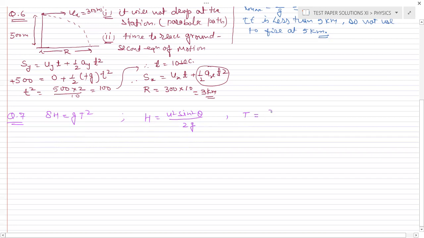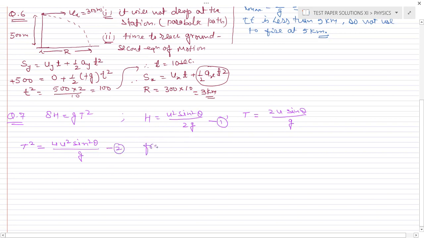So t is twice u sine theta upon g. Now we want to find the relation between h and t square. So I am squaring this term. So t square will be equal to 4u square sine square theta upon g square. So this is equation number 1 and this is equation number 2.